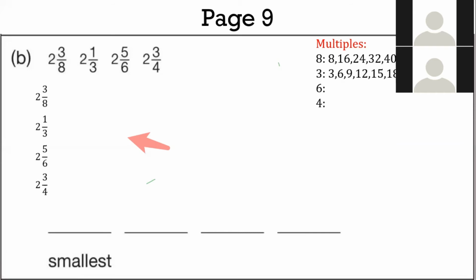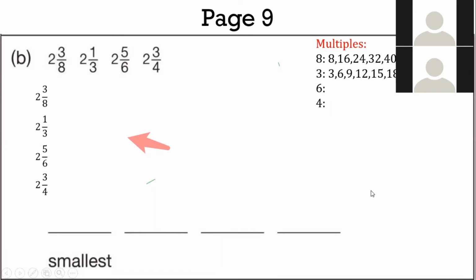We have 6. Very good. What's next? 12. Very good. Next. 18. And what's next to 18? 24. Very good.